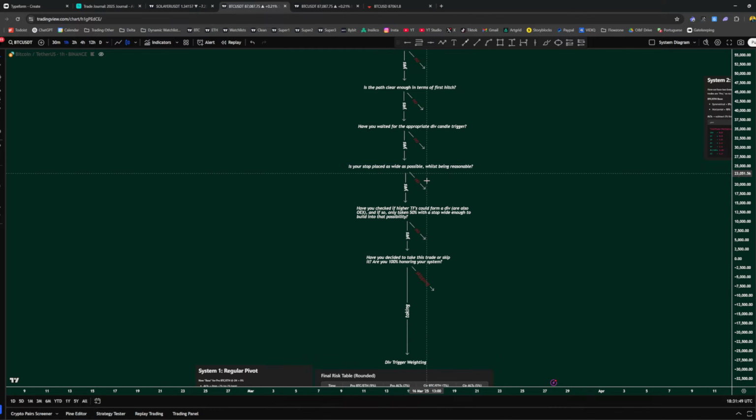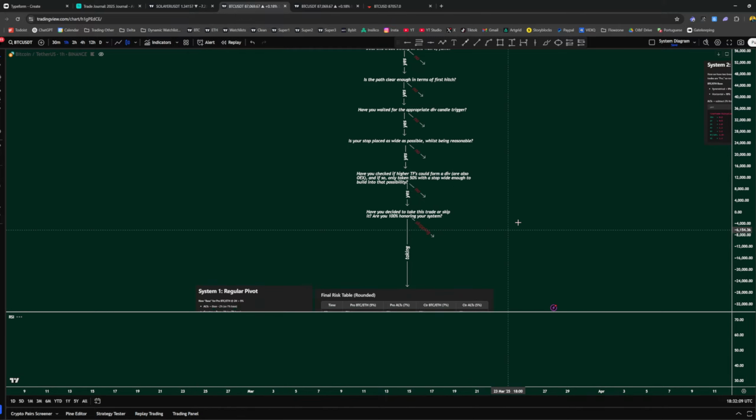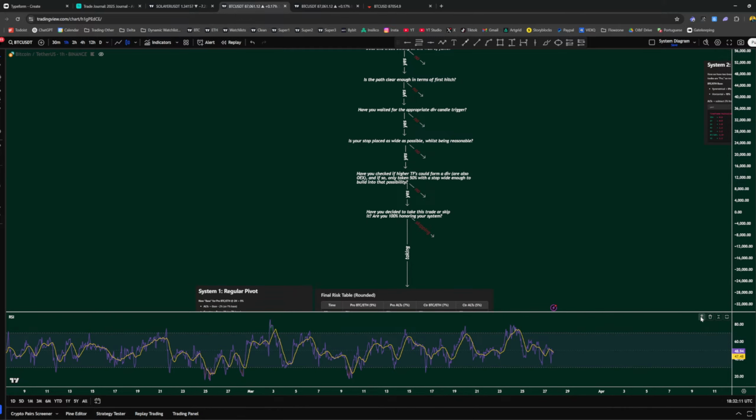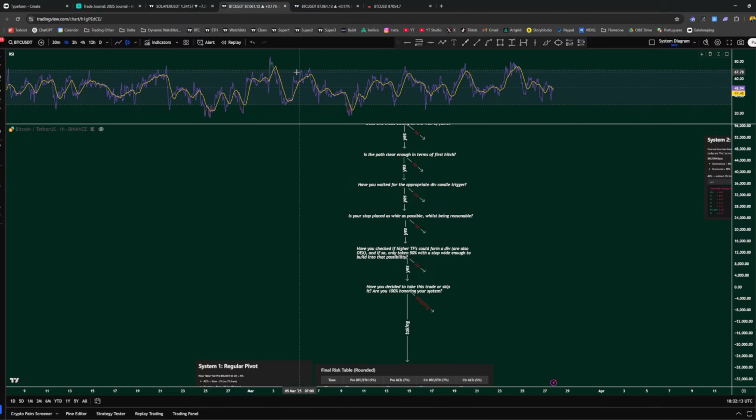Assuming yes, then move on to: have you checked if higher time frames that could form a divergence are also overextended, and if so, only taking half of the installment with a stop wide enough to build into that possibility? So what that means is, we've got the RSI here.